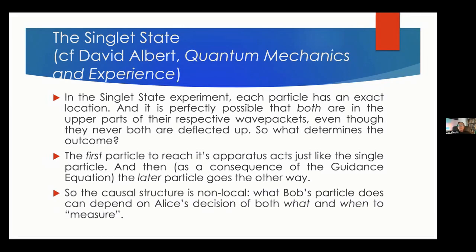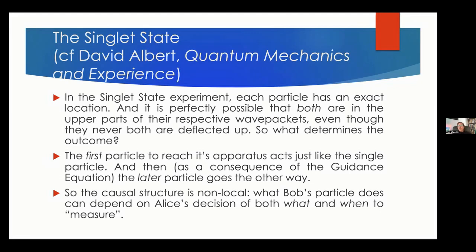So this is this non-locality. That is, in order to understand what happens in Alice's lab, you have to take account of what happens in Bob's lab. If Bob decides to be lazy and not do his experiment at all, then Alice will get one result, but if he decides to be very ambitious and do his early, Alice could get a different result.